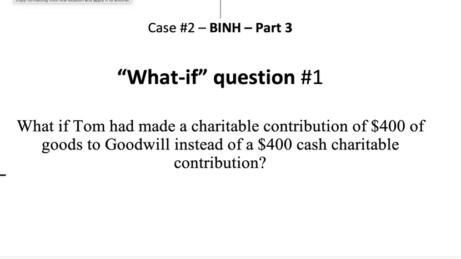But in this particular case, the special provision, $300 single, $600 married filing jointly for 2021, does not count the donation of things as opposed to money in the form of a check or credit card.